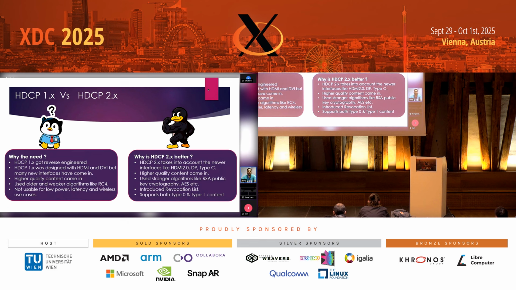So type 0 can at max authenticate 4K resolutions with a lower refresh rate, while type 1 content can go up to 8K with HDR at a little higher refresh rates. So that's the difference between type 0 and type 1. One thing you need to know is type 0 can be authenticated by HDCP 1.4, but type 1 cannot be, while HDCP 2.x can authenticate with either type 0 or type 1 content.